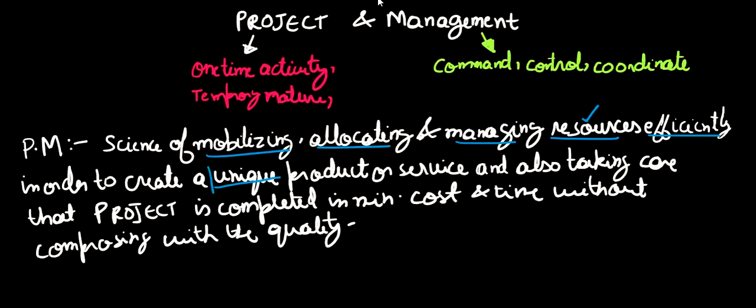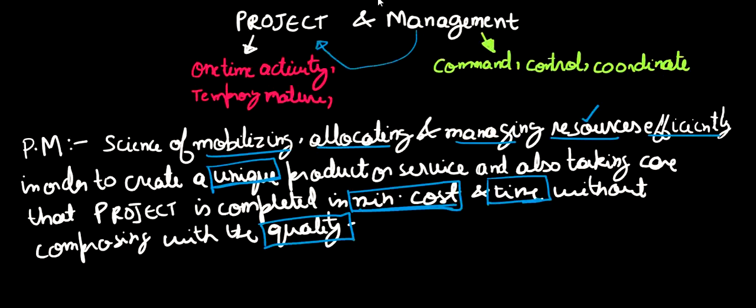So in a project we always create a unique product or service, making sure that it is completed in minimum cost as well as minimum time, on the condition that we are not compromising with the quality of our output. So this is the formal definition of project management. We take the help of management and complete our project successfully.